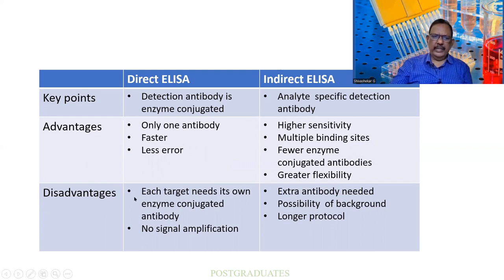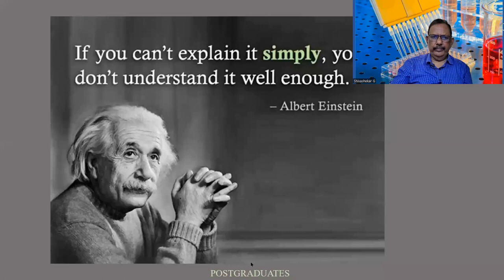Disadvantages of direct: each target needs its own enzyme conjugated antibody and its own incubation time. There is no amplification. Whereas for indirect, the disadvantage is that an extra antibody is needed because it is indirect, and there is the possibility of background staining and a longer protocol. So this has to be perfectly followed.